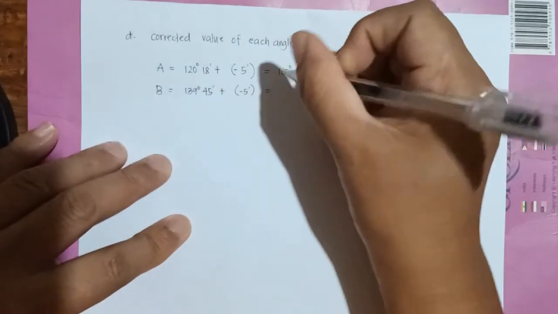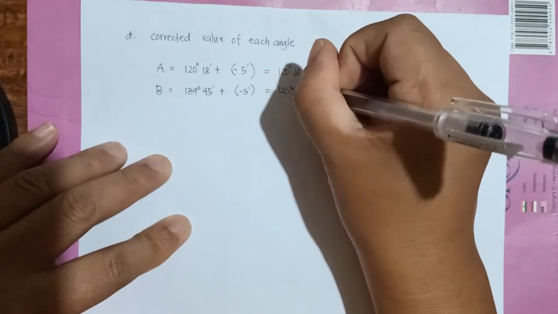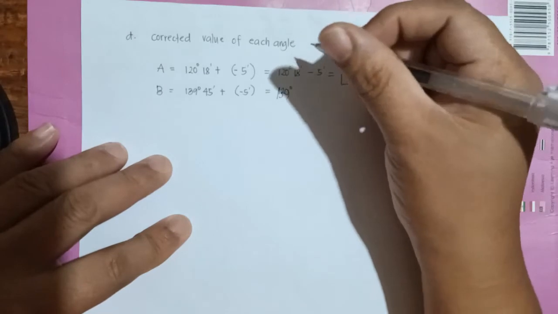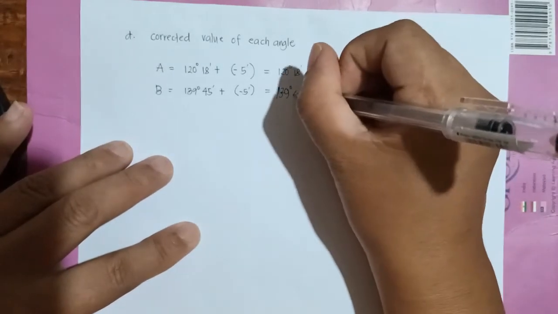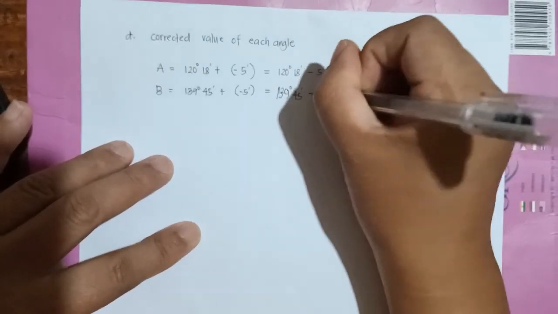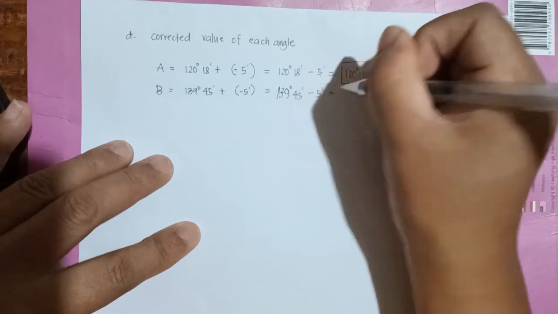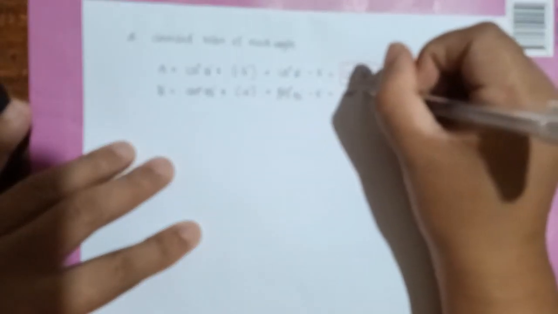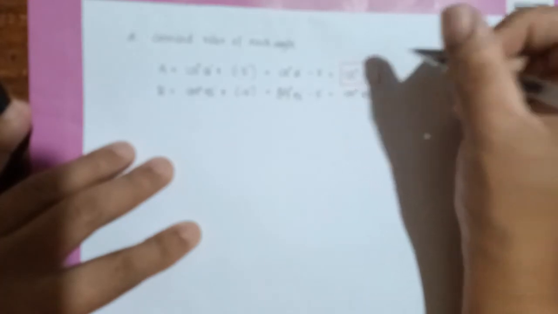Sorry, not 120 degrees, 139 degrees. And 45 minutes minus 5 minutes is equal to 139 degrees and 40 minutes.